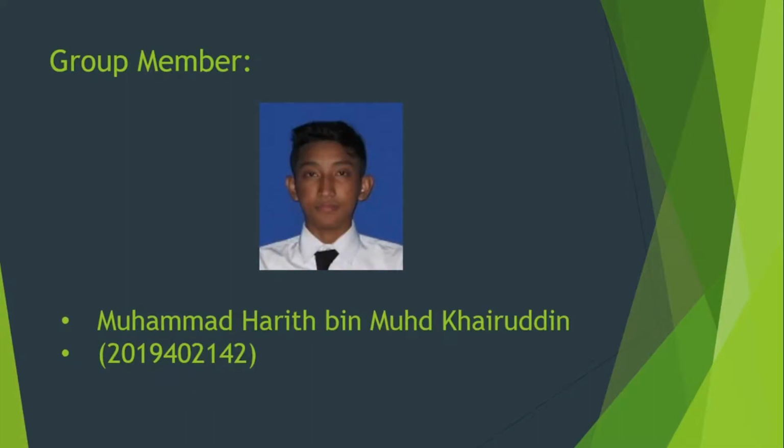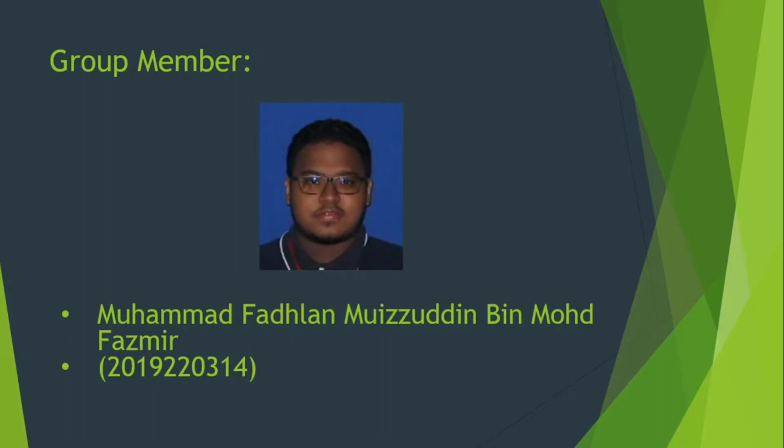Next we have Muhammad Harid bin Muhammad Khairuddin, with metric number 2019402142. And lastly we have Muhammad Fadlan Izzuddin bin Muhammad Fazmi, with metric number 2019220314. So that's all for our member introduction. Thank you.